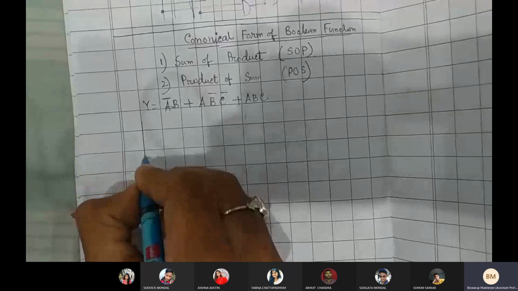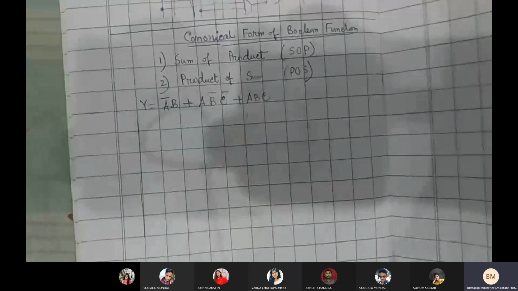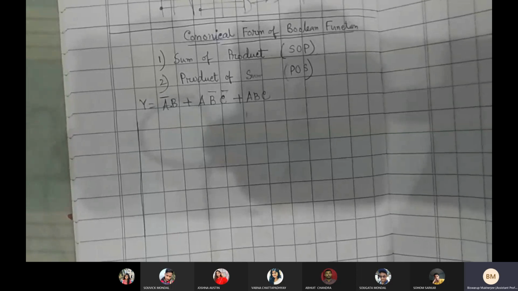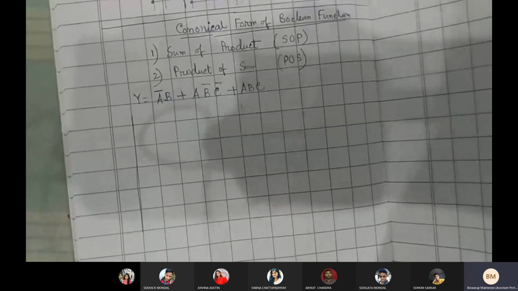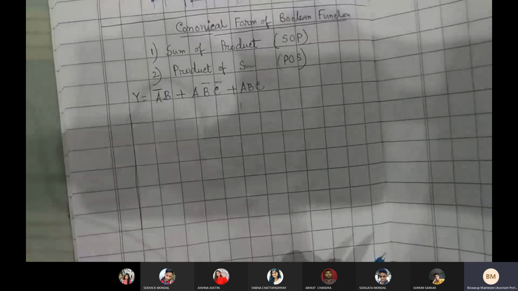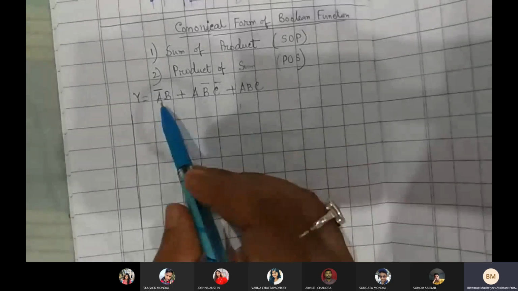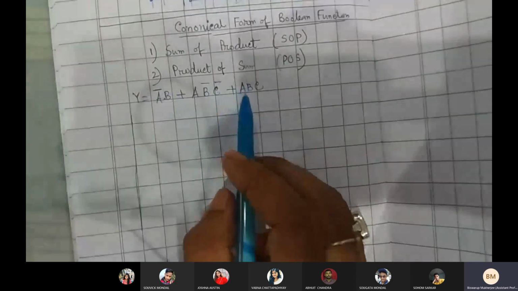Make sure that, irrespective of looking at the expression, whether B bar is required in the entire circuit or not, or whether C bar is actually required in the circuit or not, we will be drawing all the complementary circuits. Make sure about this one while drawing the canonical format. Even if here A bar is there, B bar is there, C bar is there, obviously you will be requiring all three.